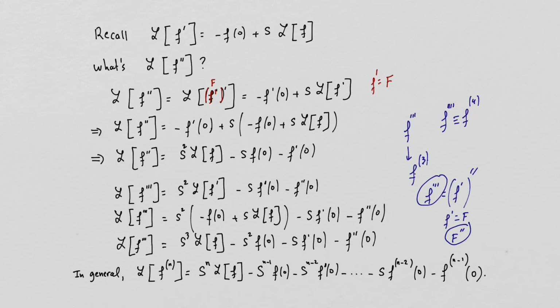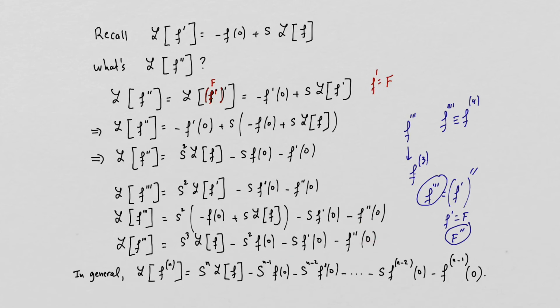So now what I did, we know what this is. It's here. So I replace it. That stays, that stays, that stays. Distribute, you get s cubed times the Laplace transform of f minus s squared f of 0 minus s f prime of 0 minus f double prime of 0.